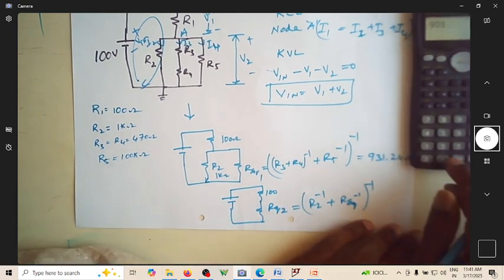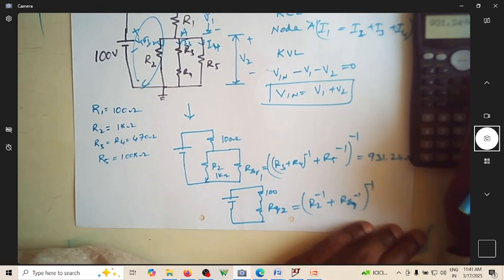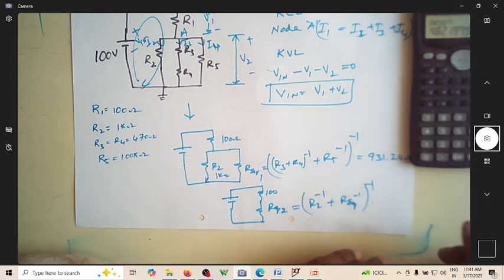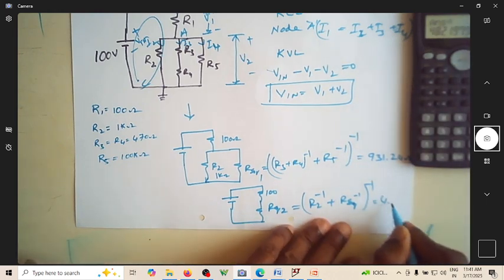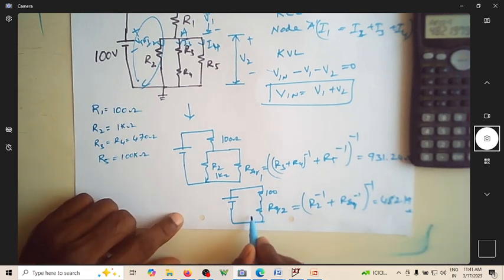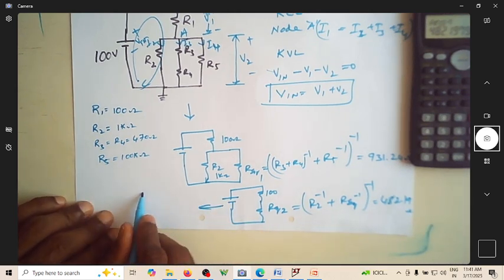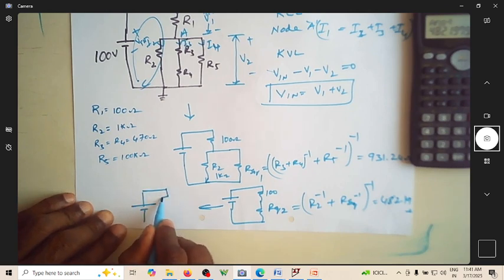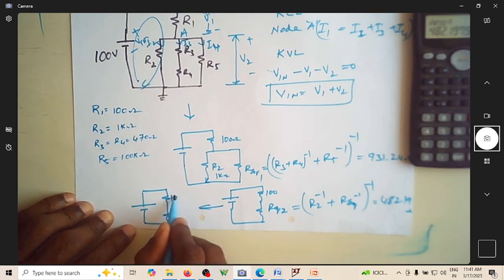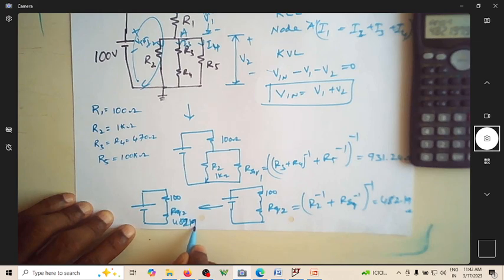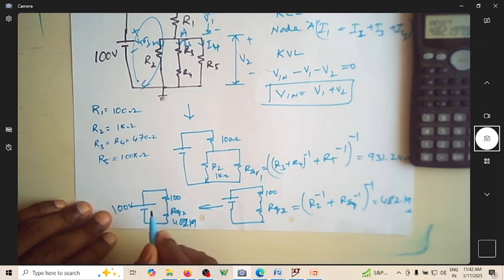So it is 931.24 inverse plus 1 times 10 to the power 3 inverse, and then 1 over that is 482.19 ohm. So the equivalent circuit becomes 100 ohm in series with R equivalent 2, which is 482.19 ohm.